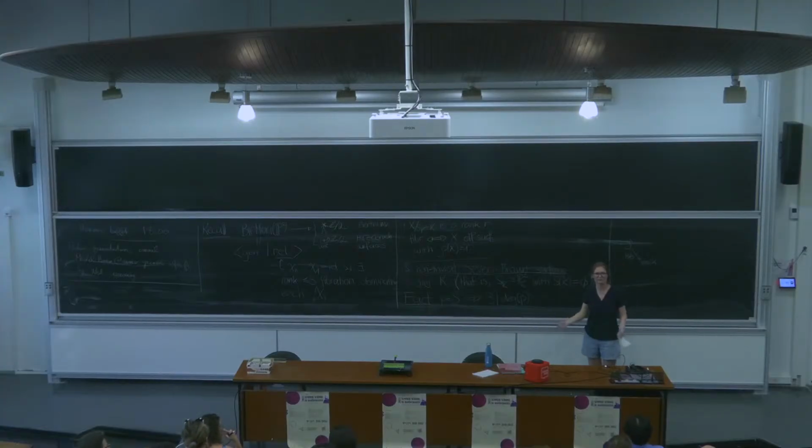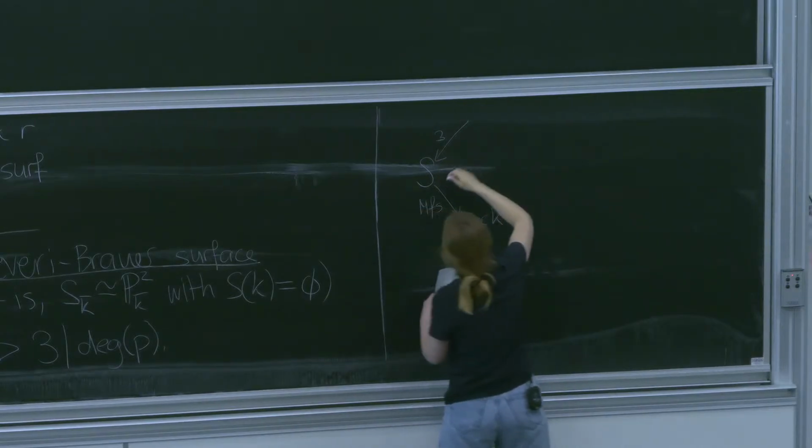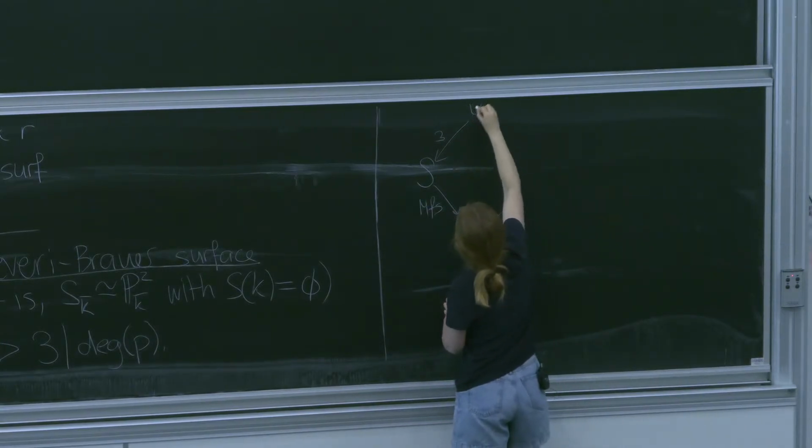So what we have to do is we need to blow up a point. So what kind of points do we have? Well, the degree of every point is divisible by 3. So let's take a point of degree 3 and let's blow it up. So now we go to a Del Pezzo surface of degree 6.